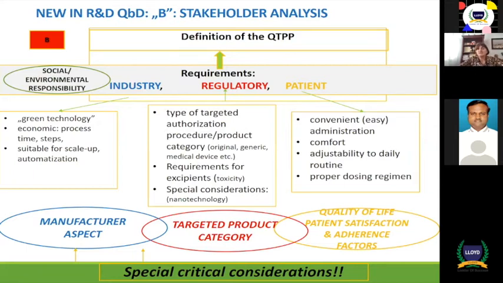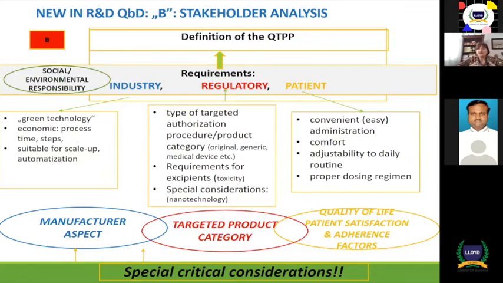This means the green technology, the economic aspects, so the sustainable development goals, which are globally important for all of us: to use green technology as much as possible, economically efficient methodologies and products suitable for scale-up, automatization, etc.